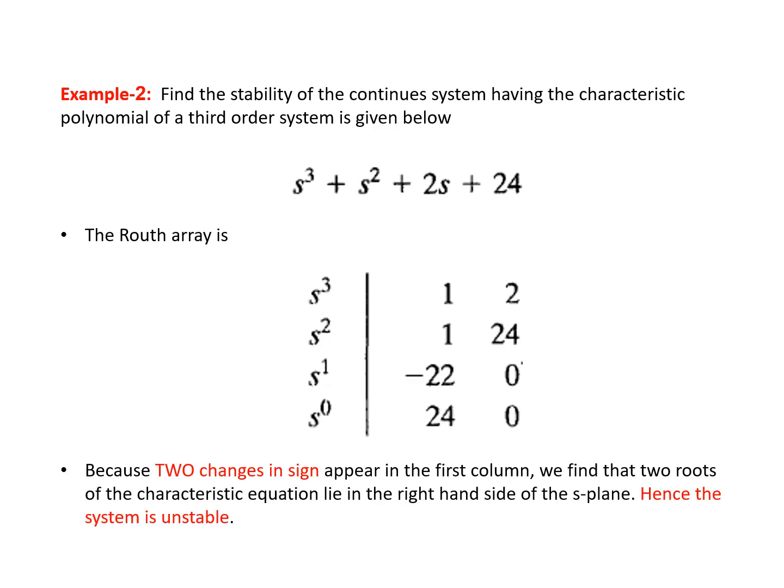The conclusion is, since there are two sign changes in the first column, two roots of the characteristic equation lie in the right half of the s plane, hence the system is said to be unstable. So the hint is that everything should have the same sign, whether positive or negative, but there should not be sign changes from minus to plus, plus to minus, and so on. That indicates the number of roots which lie in the right half of the s plane, and the system is said to be unstable if you have any sign changes.